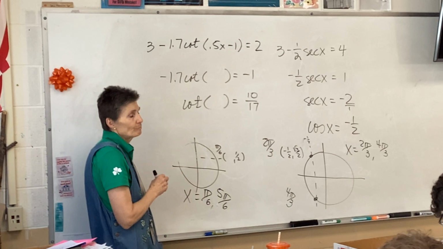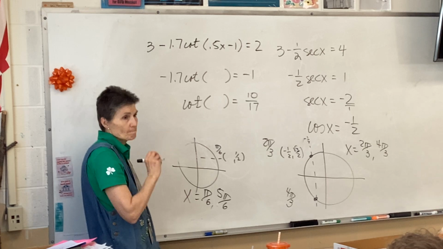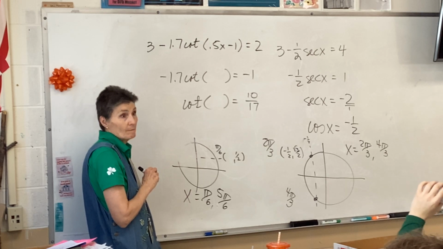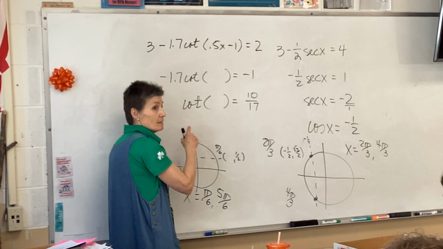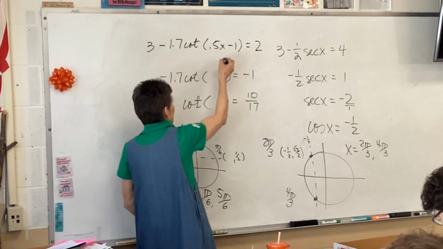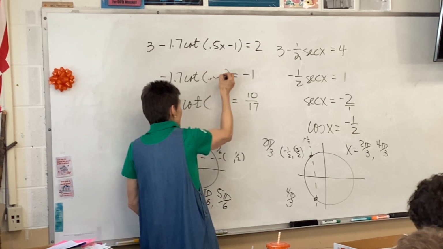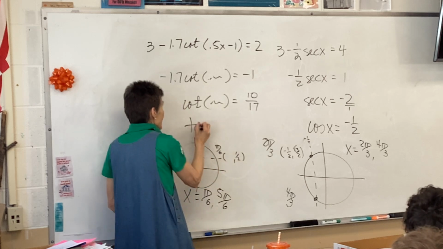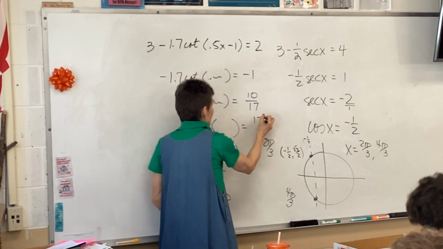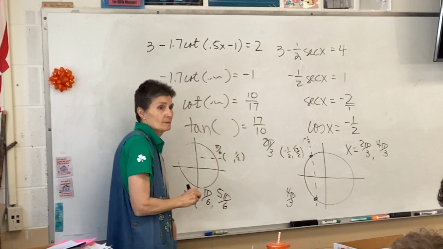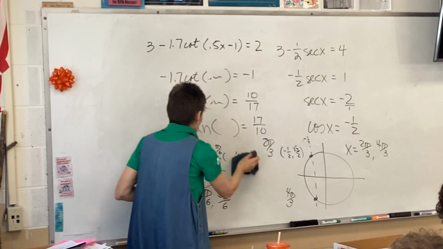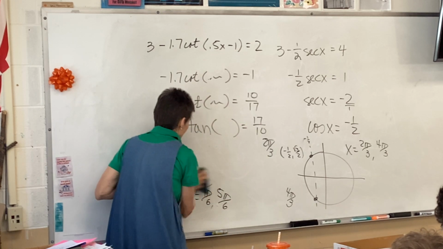Okay. Yeah. So then, this stuff right here, I'm gonna worry about that in a minute, whatever that is. But the tangent of it equals 17/10. All right, so let's take a minute, make sure everybody's digesting that.